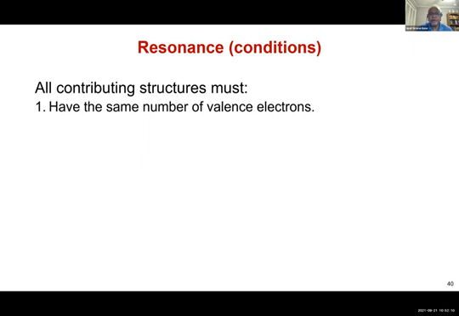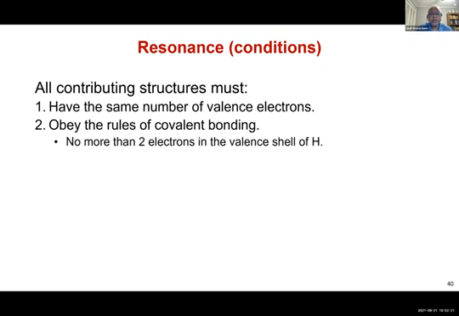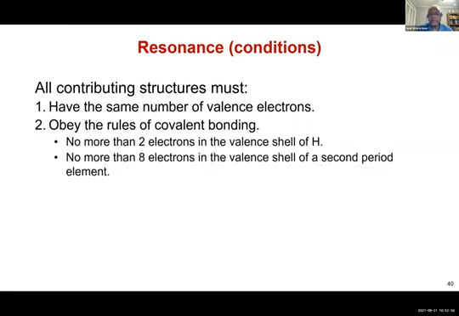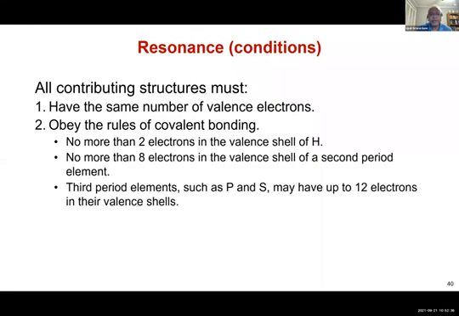They obey the rules of covalent bonding, the octet rule and so on: hydrogen cannot have more than 2 electrons in its valence shell, 8 for the second period elements, and third period elements could have up to 12.